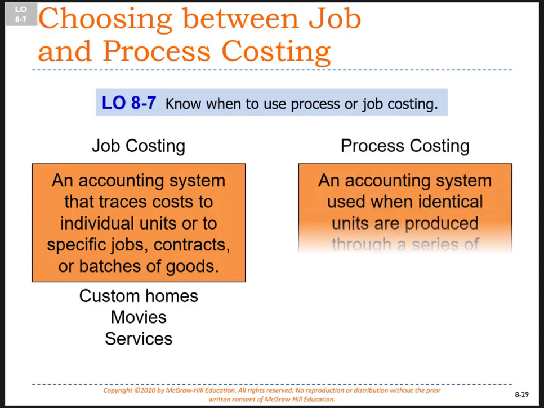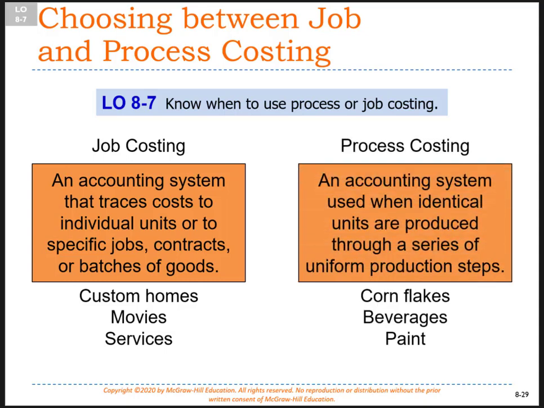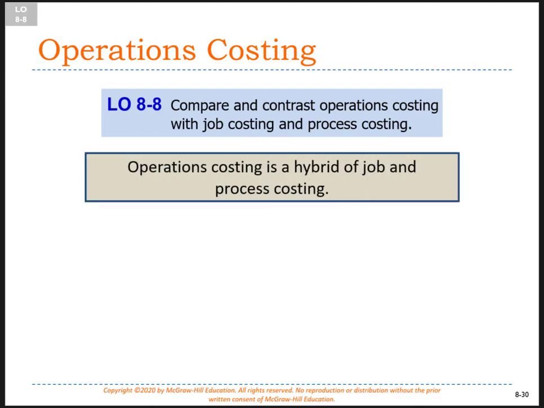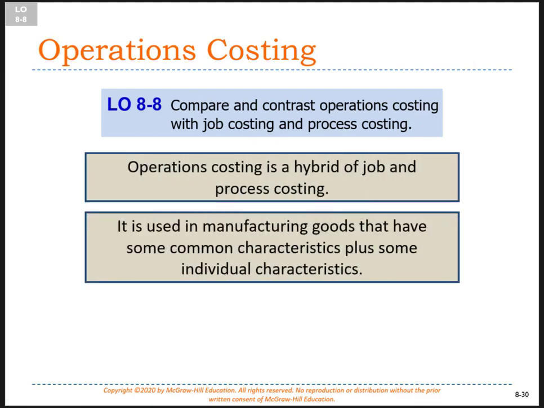Okay, so just a quick reminder of when to use job costing, process costing. Okay, I think we've talked about this previously. And then we'll wrap up with kind of a review again of operation costing, because we talked about it in chapter 6, but you hadn't really seen process costing at that point.